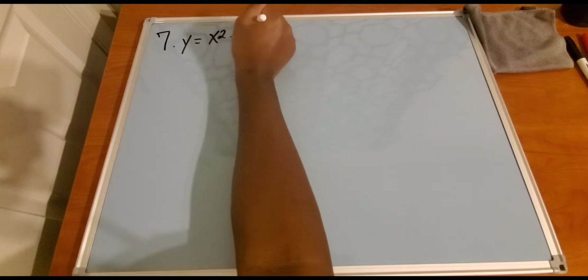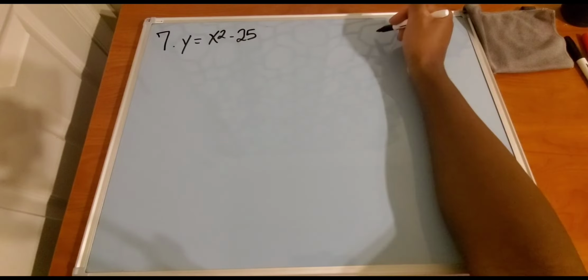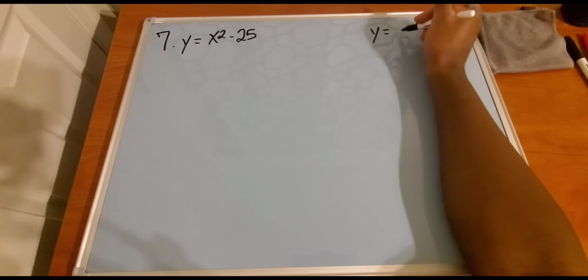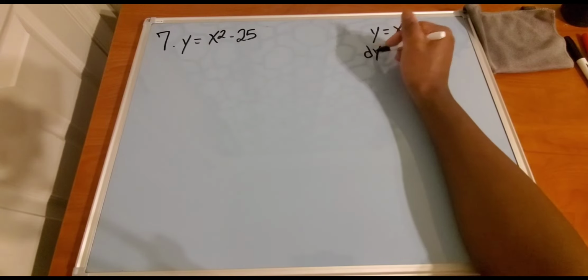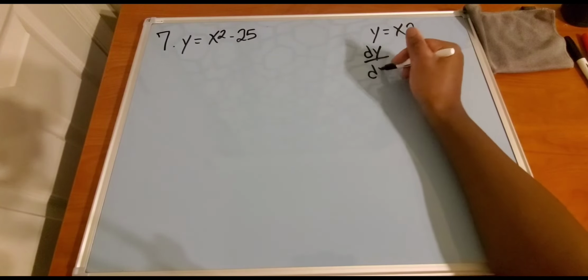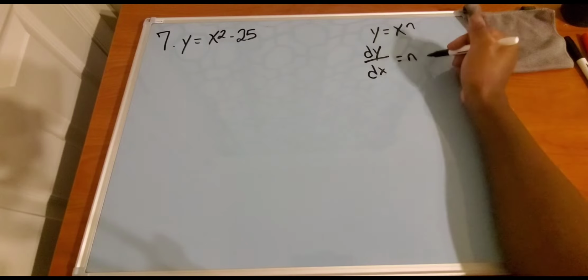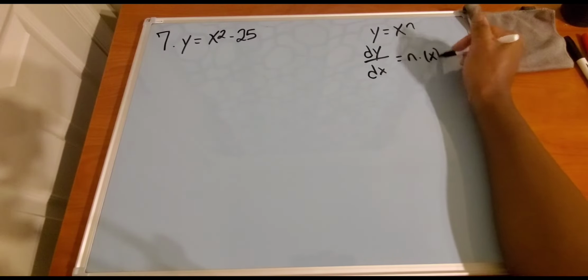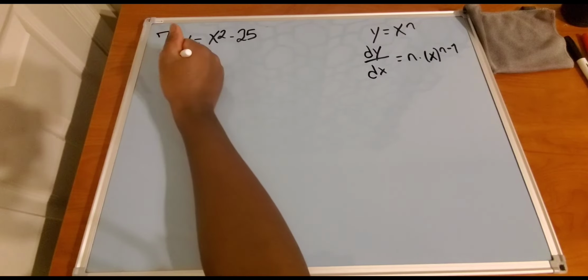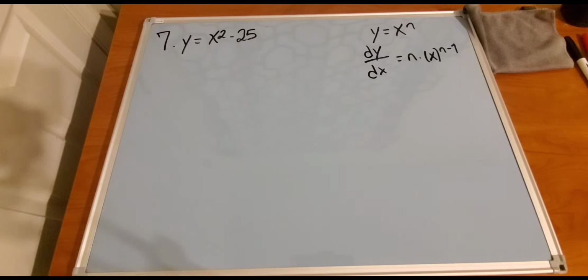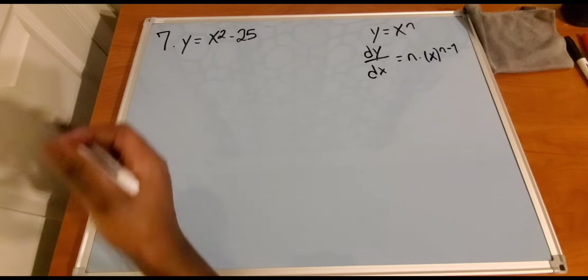Let's go ahead and write down our definition of the power rule over here. For a function y is equal to x raised to some number, the derivative of that function with respect to x will be equal to the number times x raised to the number minus 1. This is only one power rule because the derivative of a constant is 0.